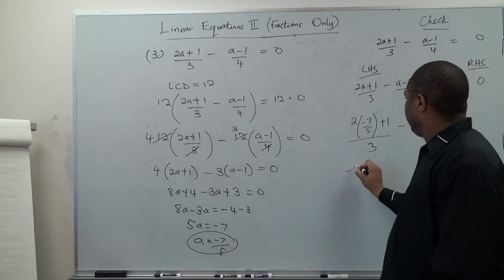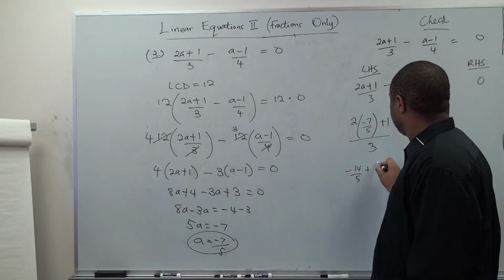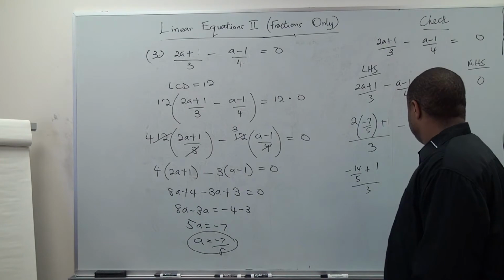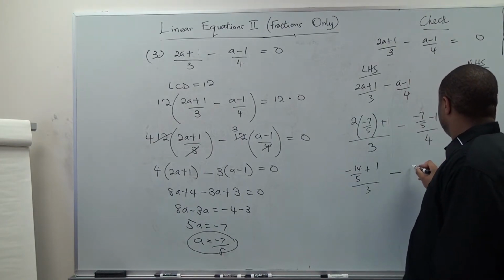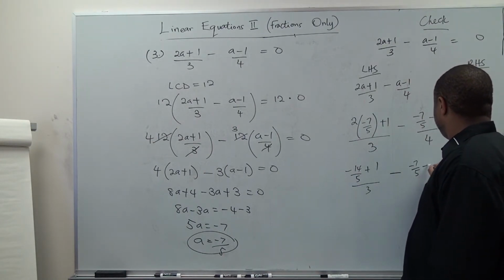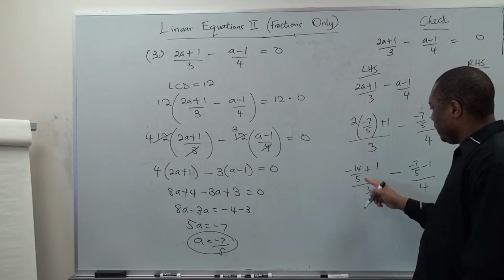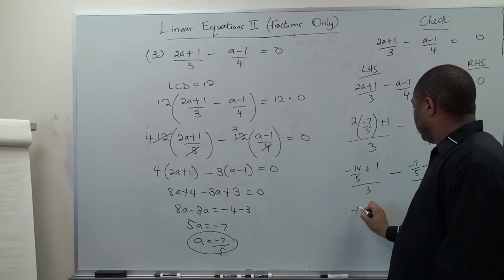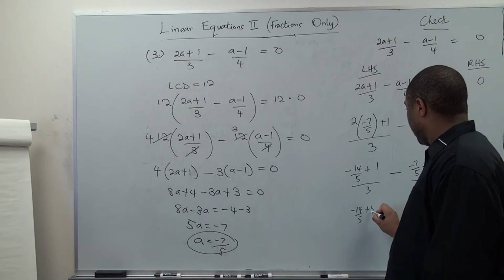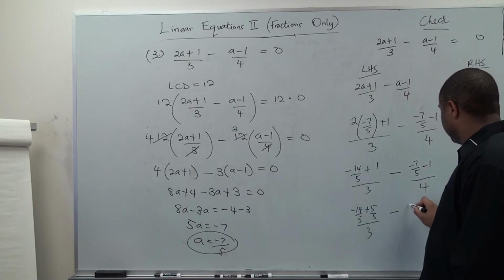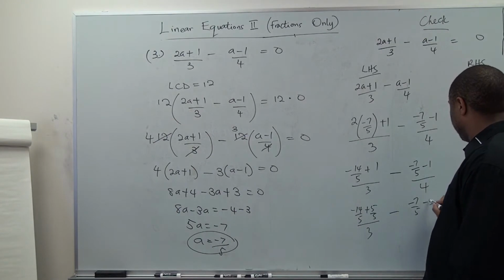Okay, this gives us negative 14 over 5 plus 1 over 3 minus negative 7 over 5 minus 1 over 4. So this gives us negative 14 over 5 plus 5 over 5 over 3 minus negative 7 over 5 minus 5 over 5 over 4.